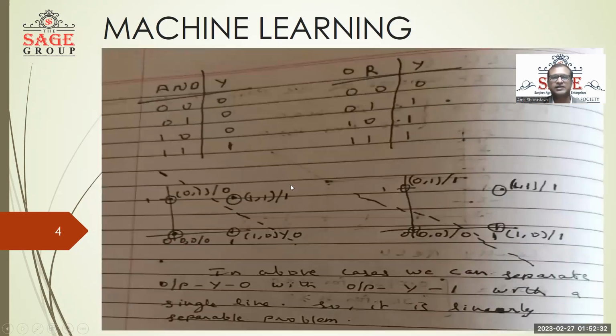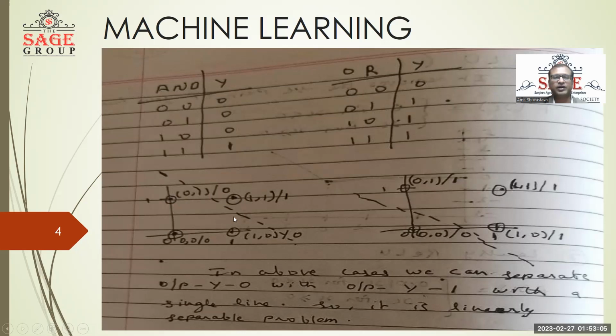Let us look at another example. Now, this is our AND gate. The inputs of the AND gate are 0, 0, 0, 1, 1, 0, and 1, 1. And the outputs will be 0, 0, 0, and 1 respectively. If I plot these inputs and outputs in the XY axis, then it will look like this. So 0, 0 with output 0 will be marked here. 0, 1, that is x-axis is 0 and y is 1, and the output 0 will be marked here.